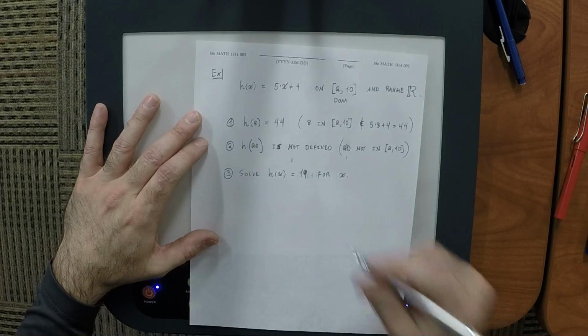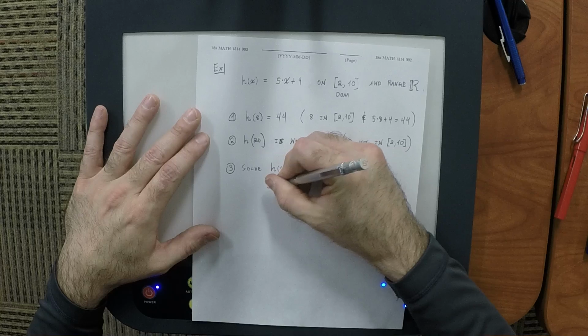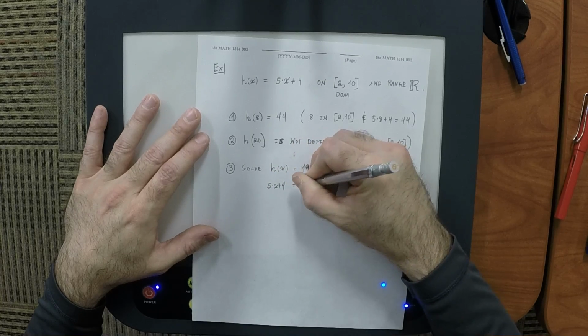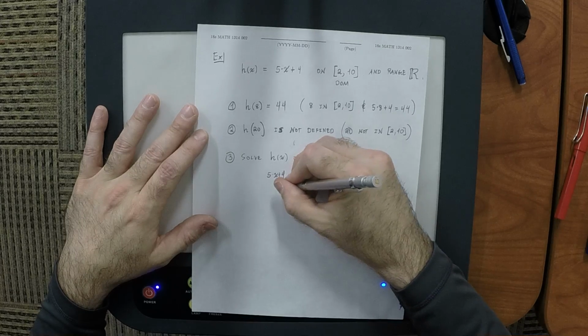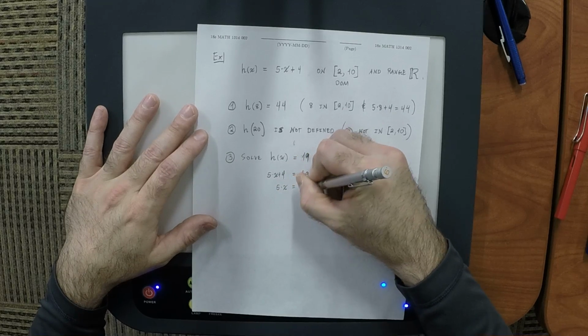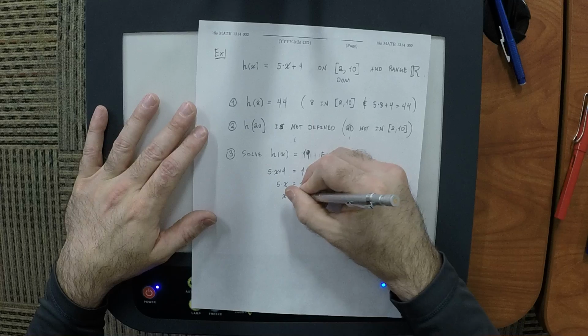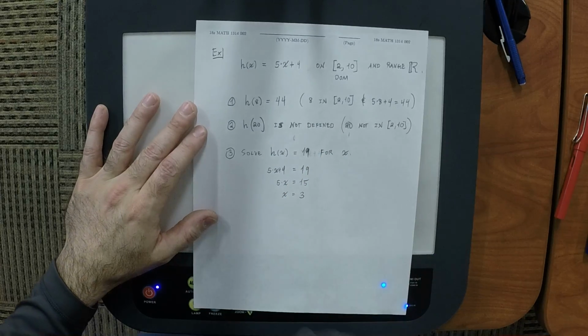Well, that means that you could solve it algebraically like this. 5x plus 4 is 19. You can move the 4 over so that you'd have 5x is 15, and then divide by the 5 and get x equal to 3.